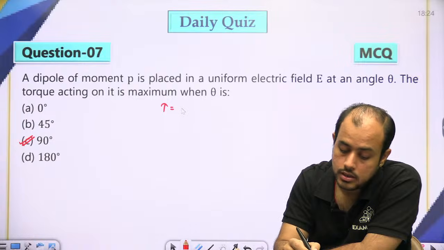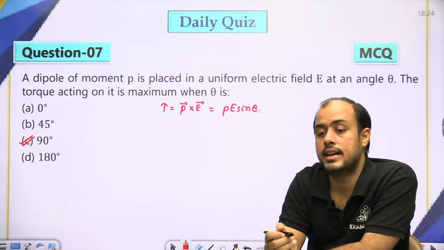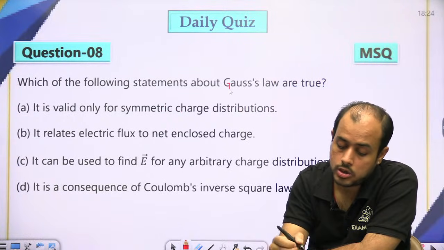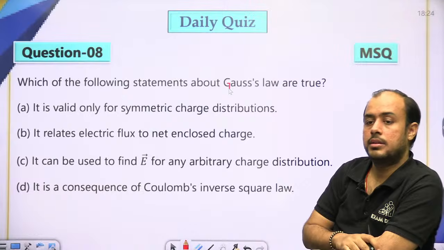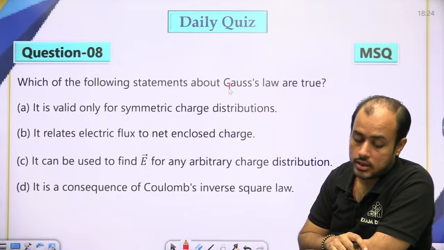See, torque is P cross E. How to take the cross product? Sin theta is maximum at 90. Which statements about Gauss law are true? Tell me. This is MSQ. Which statements about Gauss law are true?